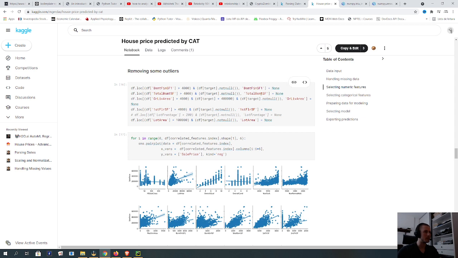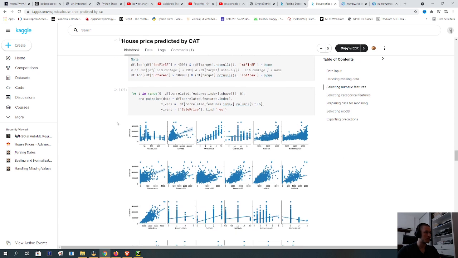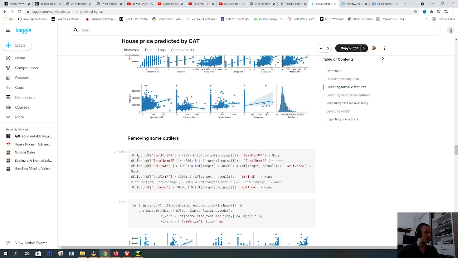So I think he did it manually here by comparing each row. For in range, then it's creating a graph of the rows on the correlated features index.